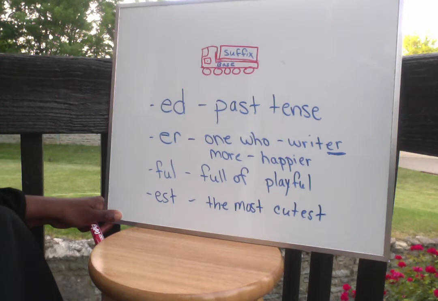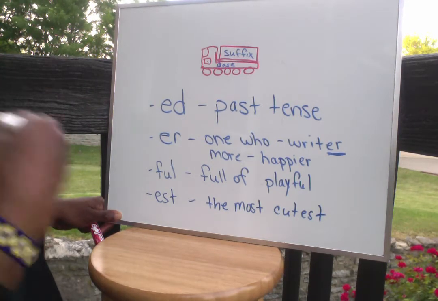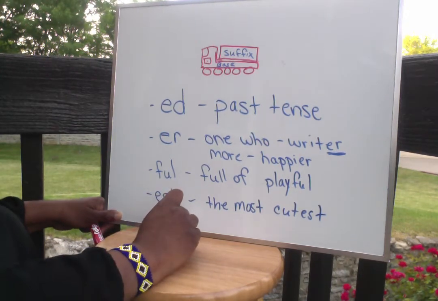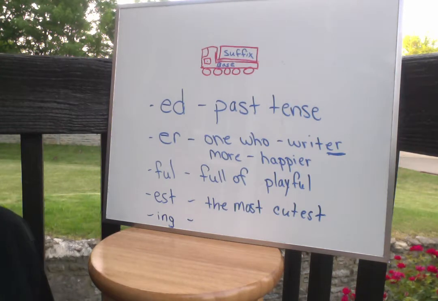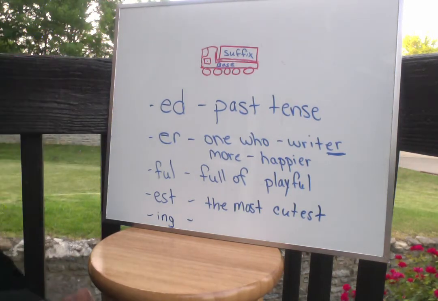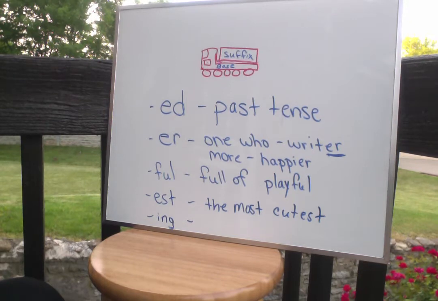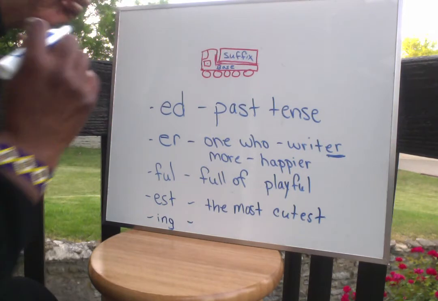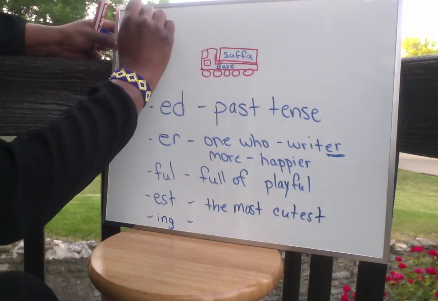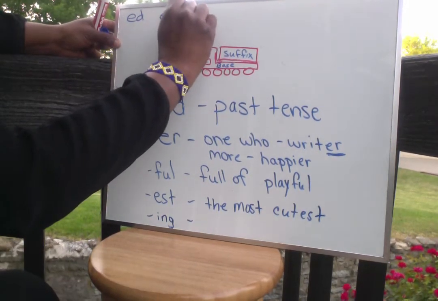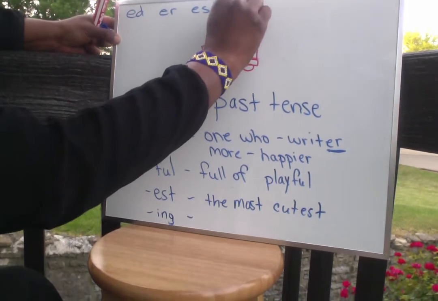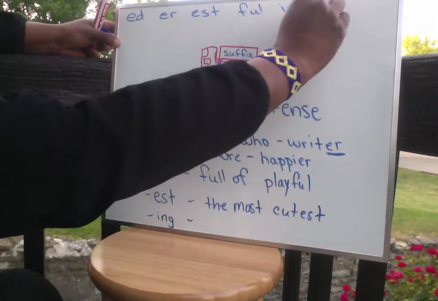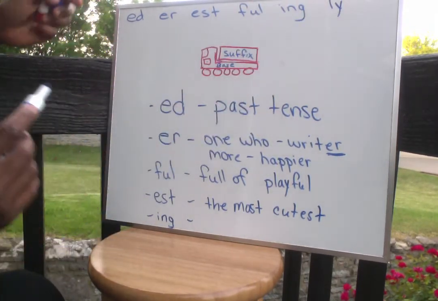There are others that you know, like ing, showing something that's happening now. So let's write these suffixes at the top. And there's another one. Lee, in the manner of.